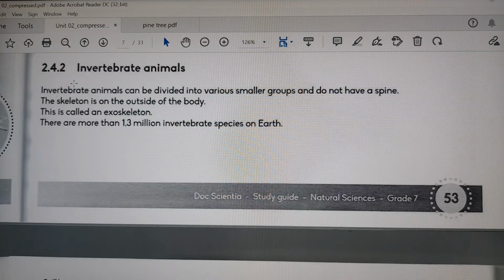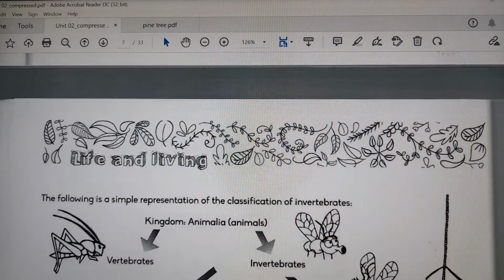We know that by now. The skeleton is on the outside of the body. This is called exoskeleton. There are more than 1.3 million invertebrate species on Earth. Wow. Okay, let's look further.